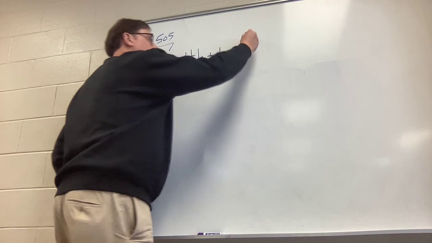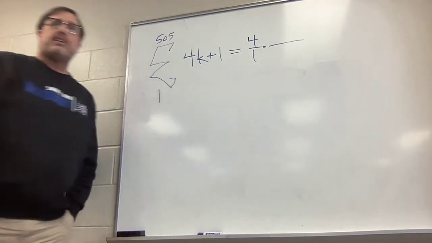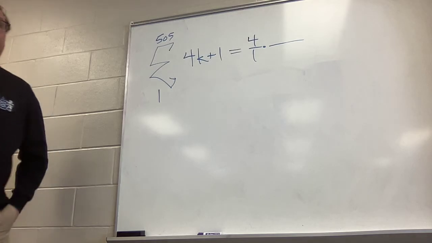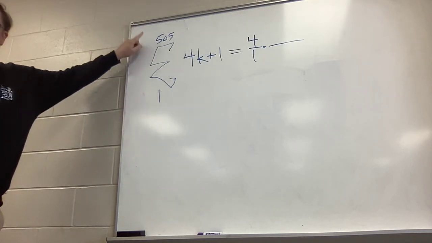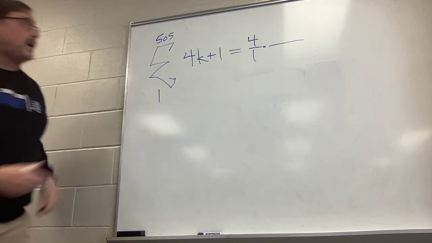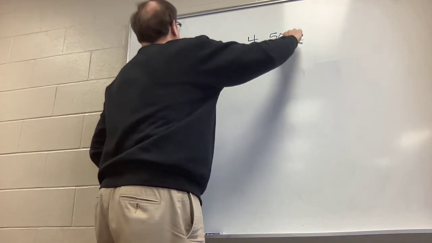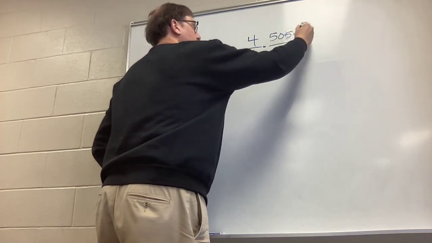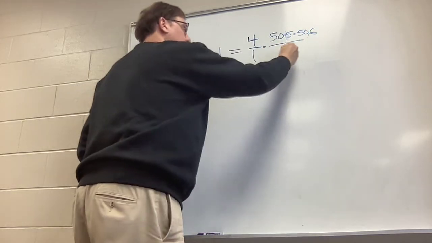So please write 4 over 1 times. Please look at linear. Don't say n's and n plus 1s. Please say locations. Top times top plus 1 divided by 2.